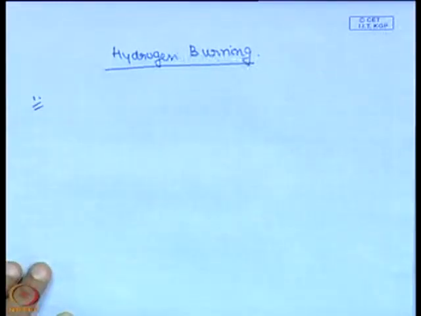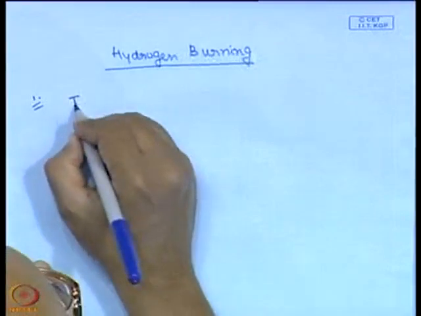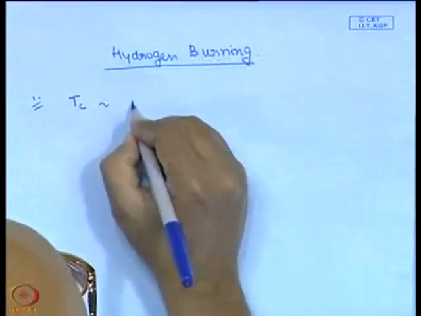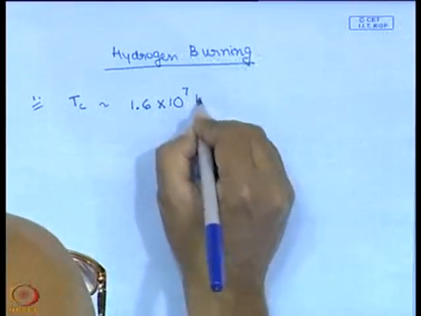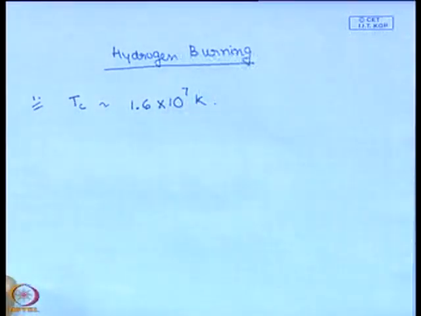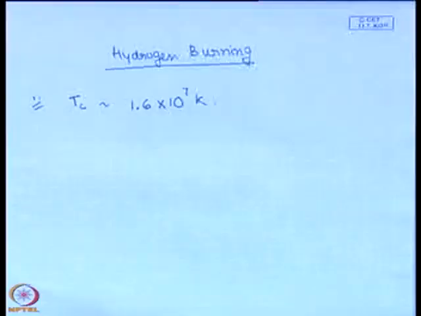we know that the temperature at the core of the sun is around 1.6 x 10^7 Kelvin. So, let us estimate the average energy of a particle, of a proton at this temperature.